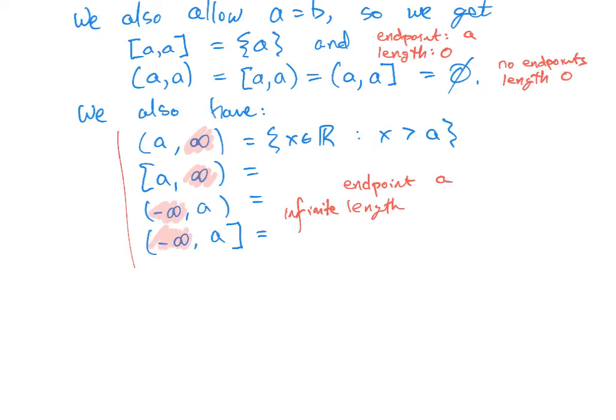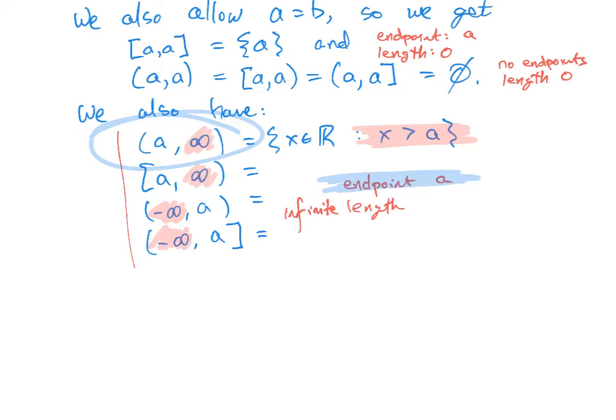Those are just symbols standing for the idea of letting x go off forever. But they're not numbers. If you take the supremum of that set, it doesn't have one. It just has the infimum A.